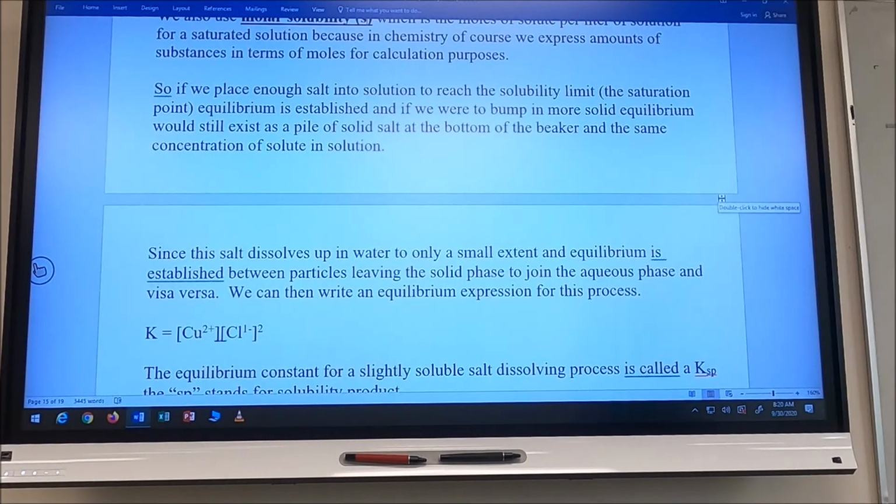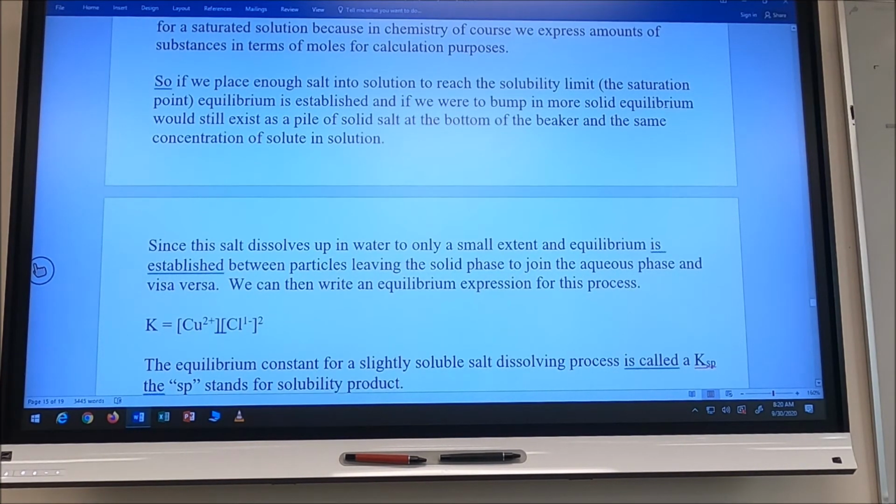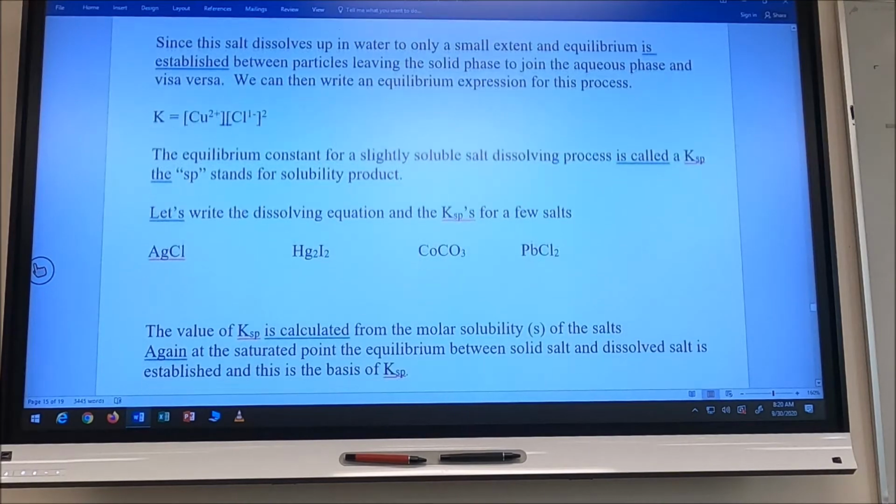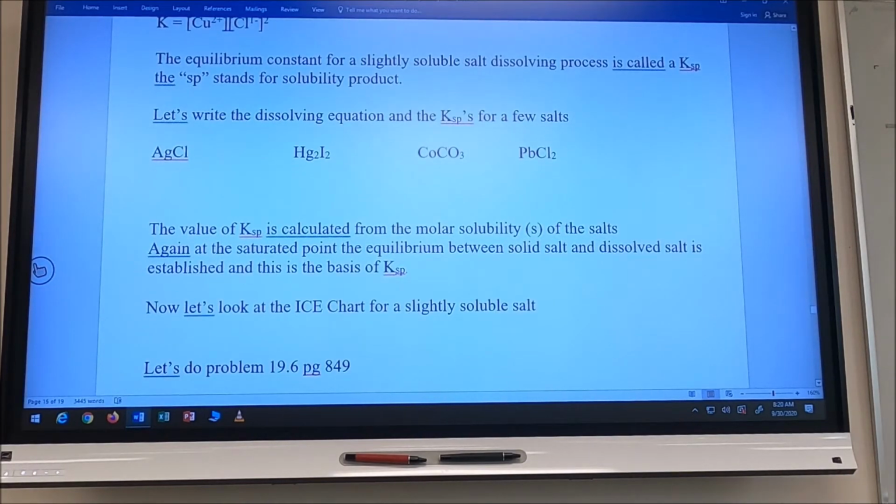Now, because this is a dissolving process, we use a special designation. We call the equilibrium expression here the Ksp. Sp stands for solubility product.